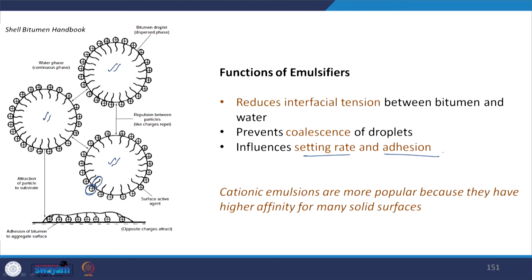Talking about the cationic and anionic emulsions, cationic emulsions are more popular because they have higher affinity for many solid surfaces, mostly the common aggregate particles which are more siliceous in nature. Now these siliceous aggregates have an overall negative charge on the surface. So of course it will have better bonding with positively charged cationic emulsion, and that is why cationic emulsion is more popular.